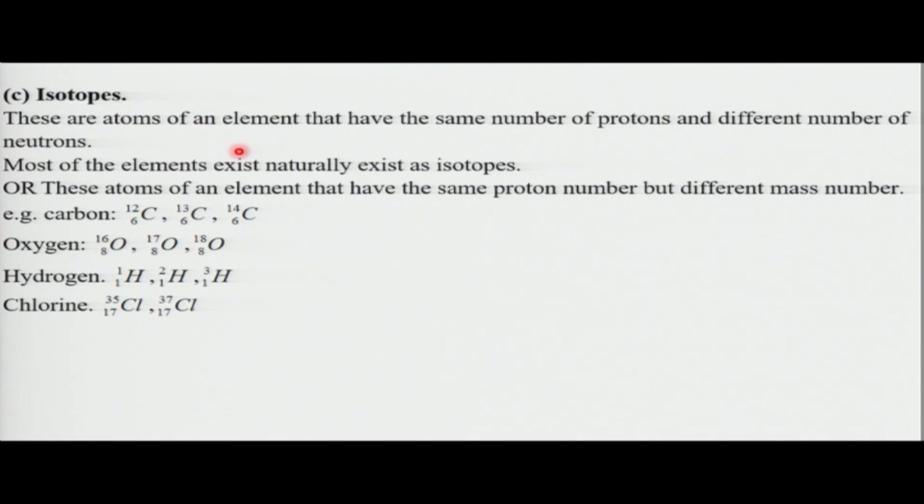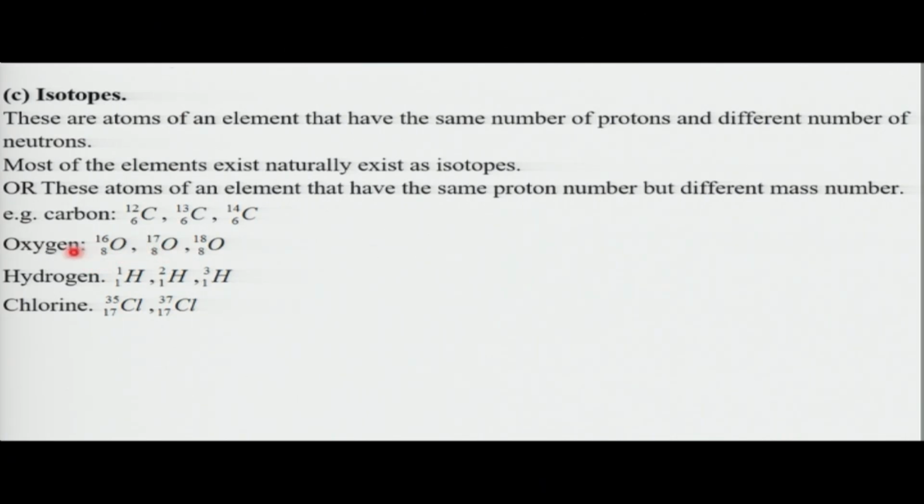This is why sometimes we use these isotopes to calculate what we call the relative atomic mass, meaning the combination of many isotopes. Another definition of isotopes: same proton number, different mass number. Same number of protons, different number of neutrons.